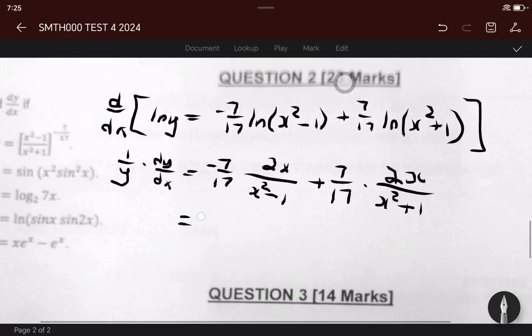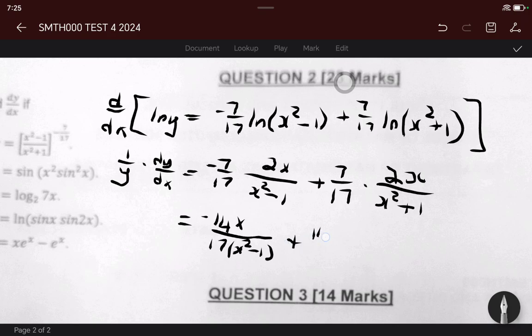So this will just be negative 14x over 17 times x squared minus 1, plus 14x over 17 times x squared plus 1.